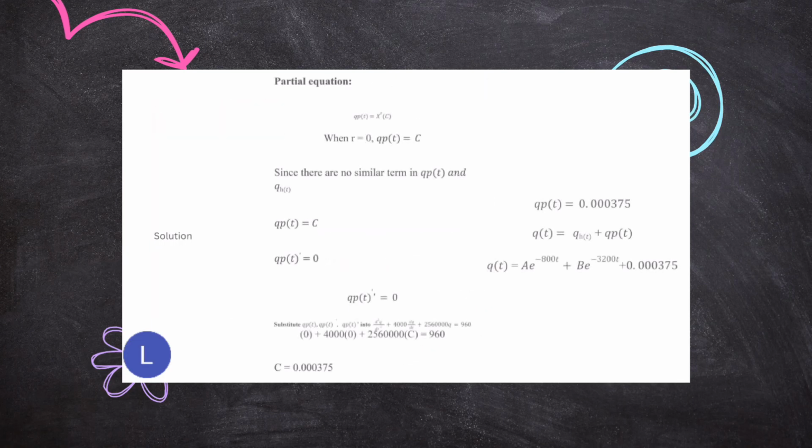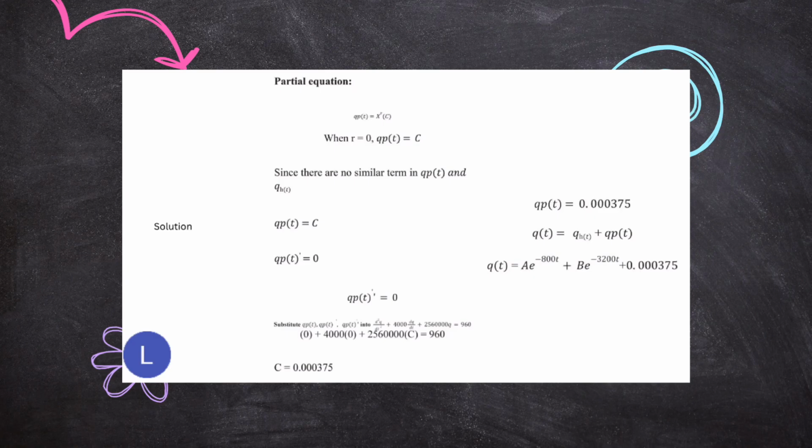Okay, now we are going to find the Qp in terms of t by using the formula of the table. When R equals 0, the Qp in terms of t equals C. Since there are no similar terms in Qp(t) and Qh(t), thus Qp is equal to C, Qp prime equals 0, and Qp double prime is equal to 0.